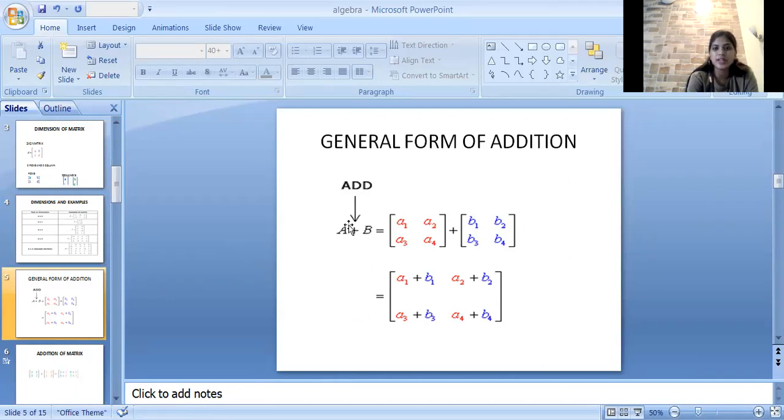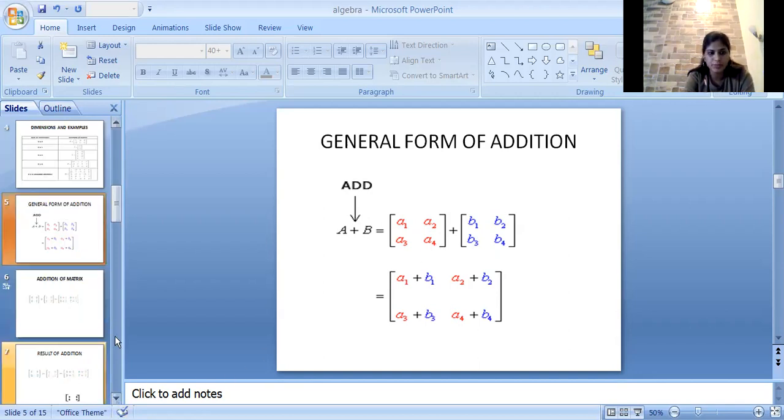So matrix A contains 4 elements, those are A1, A2, A3, and A4. Matrix B contains 4 elements, those are B1, B2, B3, and B4. So when you do addition, always you have to go along with the position. In the first matrix you have A1 here and you have B1 here. So A1 plus B1, A2 plus B2, A3 plus B3, A4 plus B4. So this is how you have to perform addition.